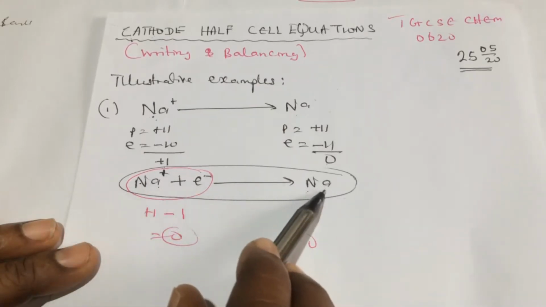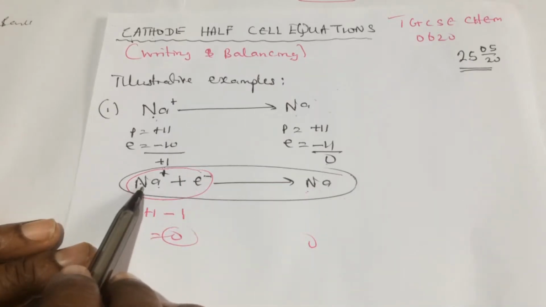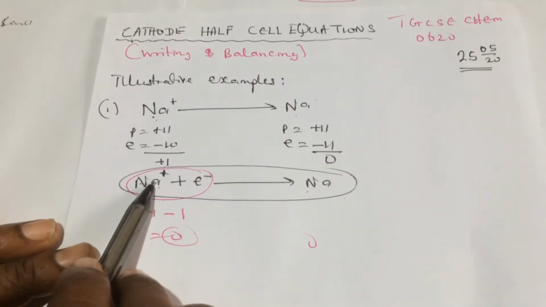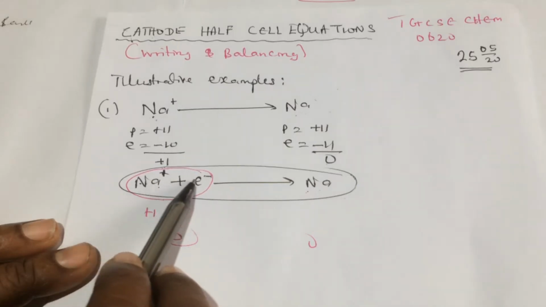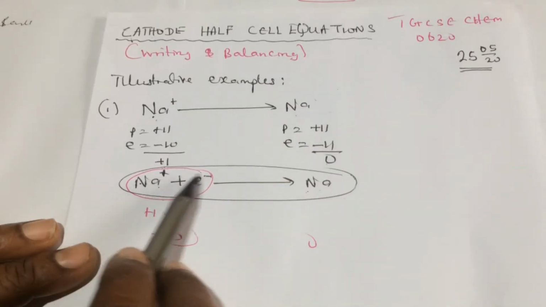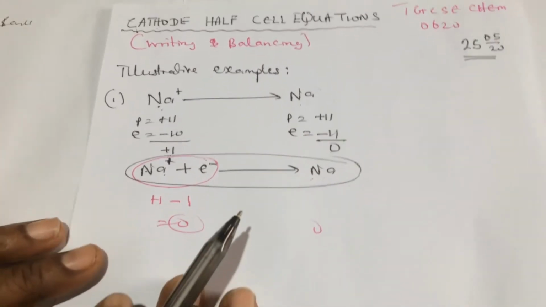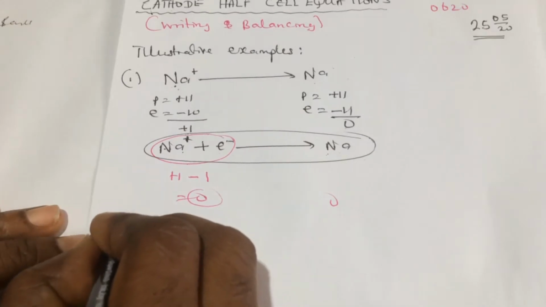So this one is now formed at the cathode, produced at the cathode. So when you discharge a sodium ion by gaining an electron equal to the oxidation number, it will produce what? Sodium what? Atom. Let's look at others, like calcium.